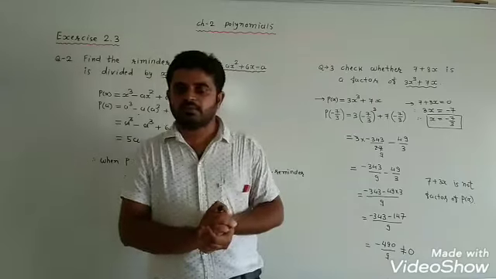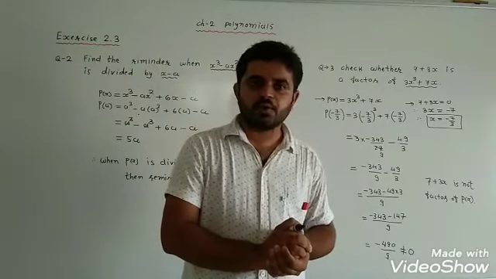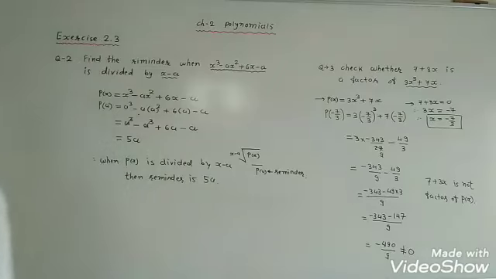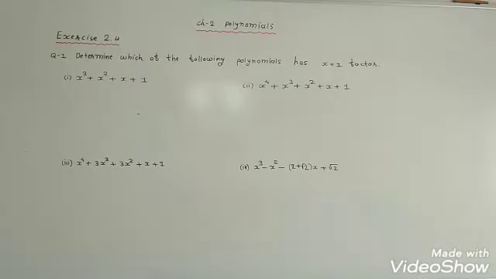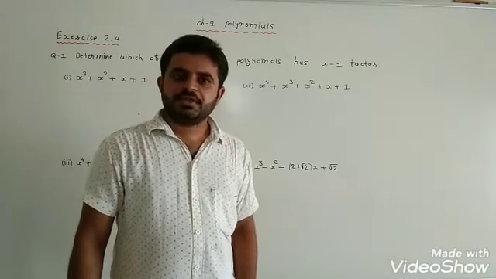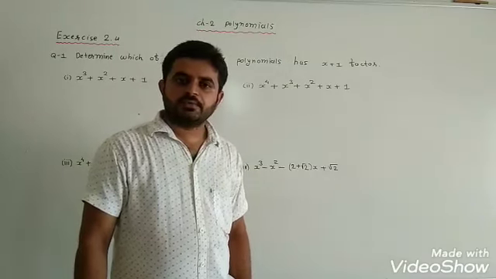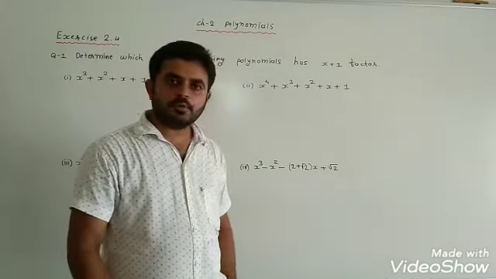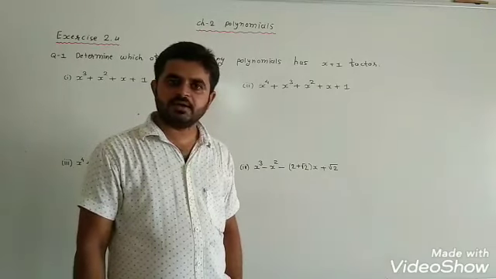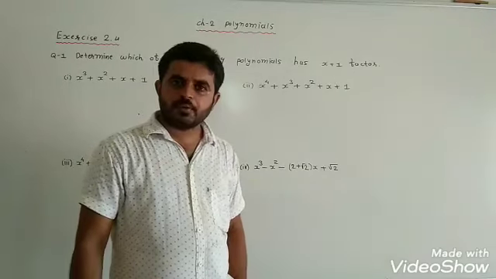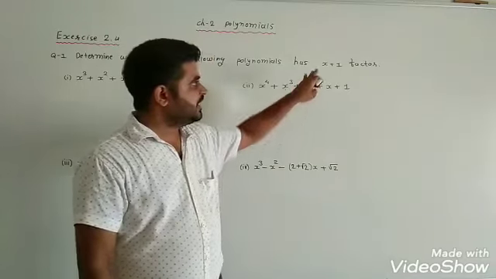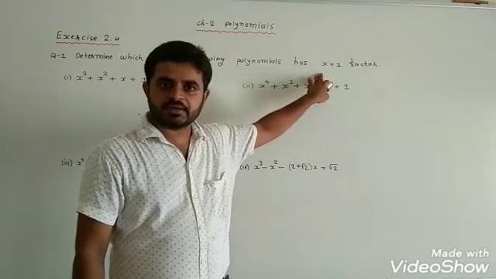Now we have to discuss exercise 2.4. In exercise 2.4, question number 1, we have to determine which of the 4 given polynomials has x plus 1 as a factor.